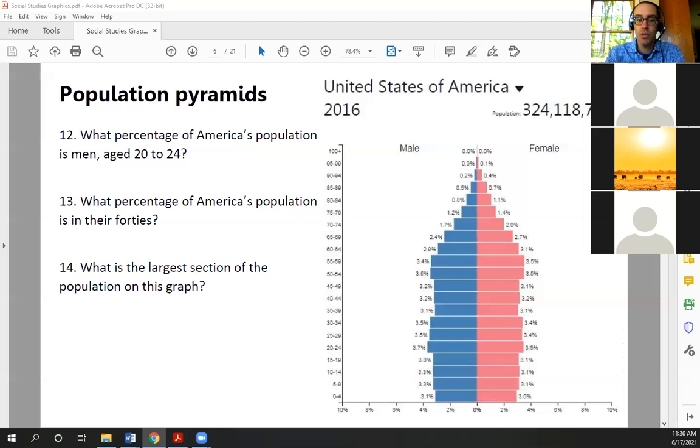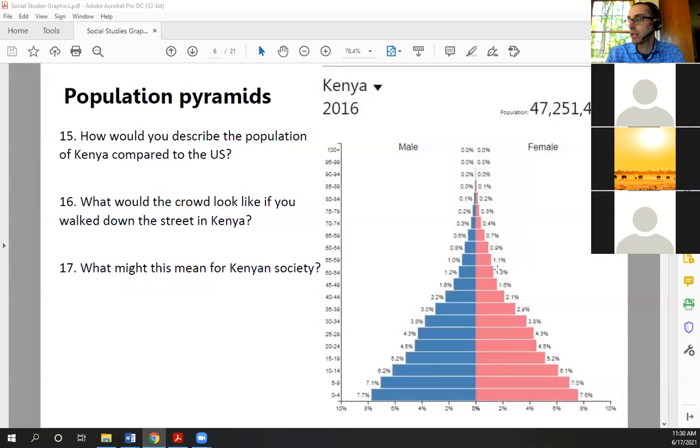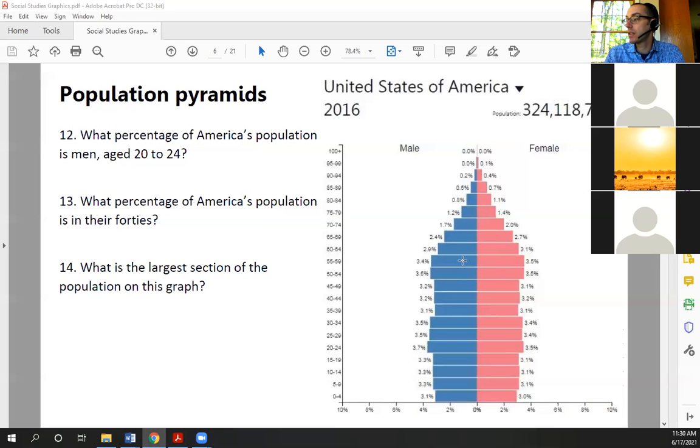Okay. Yeah. So we're seeing the amount of the population that is a certain age and is male or female. And we see male and female, left and right, are pretty equal. Now we can look at different age brackets. They're in 5-year segments, and we can see there's more 20 to 24-year-olds than 15 to 19-year-olds.